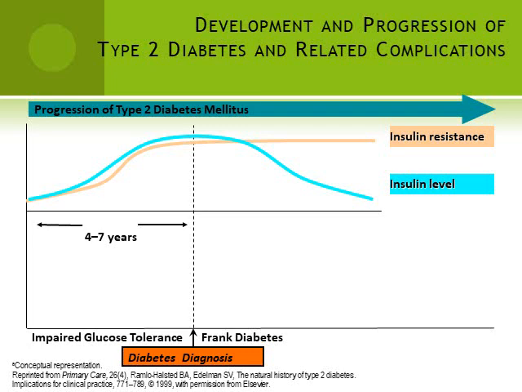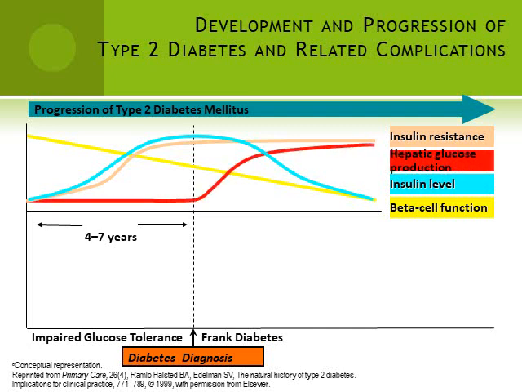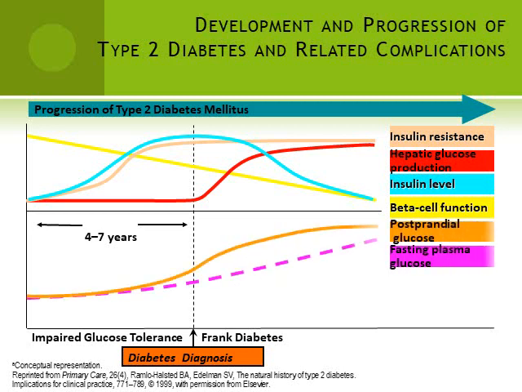That hyperinsulinemia persists in the body till beta cell failure occurs and beta cell function deteriorates, and it fails to compensate for increased insulin resistance at a given time, and insulin levels start decreasing. That is the point where hepatic glucose production starts to rise, and postprandial and fasting plasma glucose start increasing, and at this level frank diabetes develops.